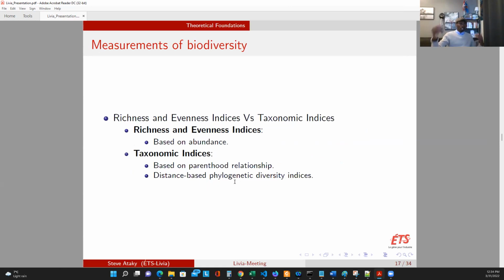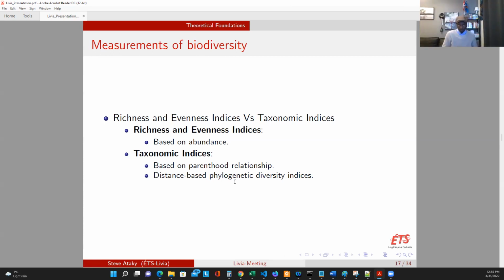So now, there is a difference between richness and evenness indices and taxonomic indices. First of all, sometimes when we talk about species richness, there is a confusion. We may believe that species richness is the same as diversity, but it isn't, because diversity involves both richness and evenness.